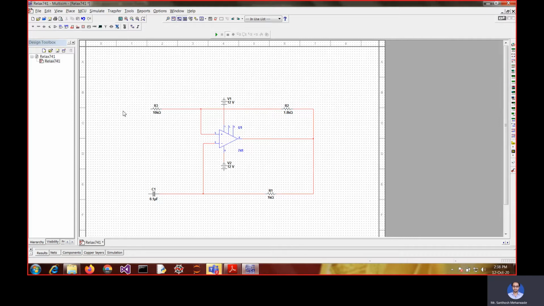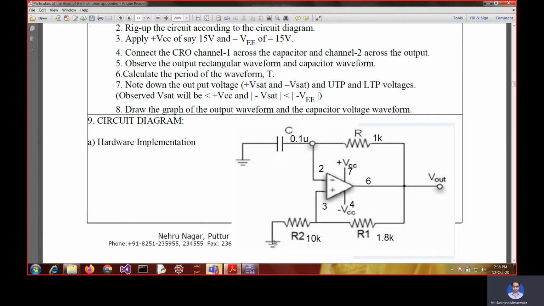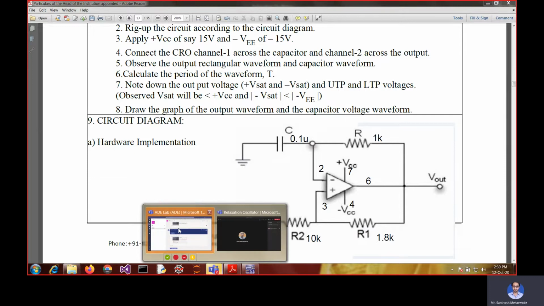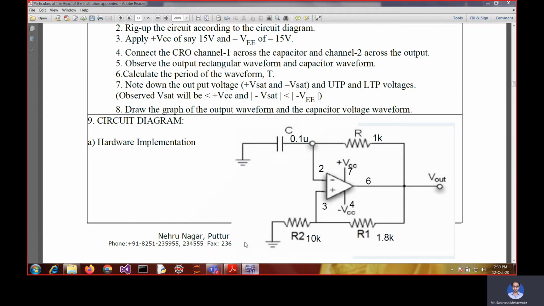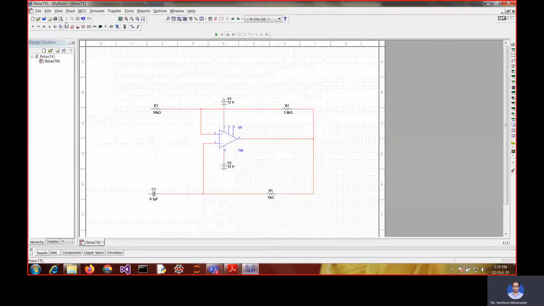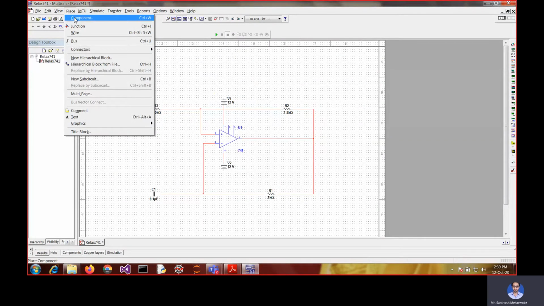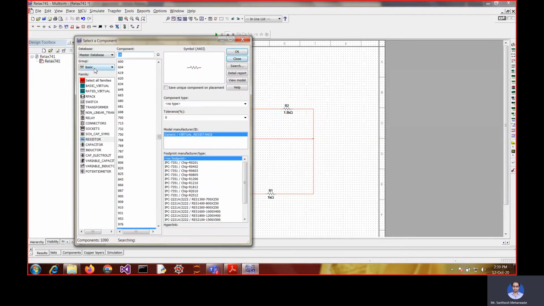After that I have to place the grounds. For the capacitor and for the resistors, I'm going to place the grounds. So let me go to Place, select Component, and in the group go to Sources.